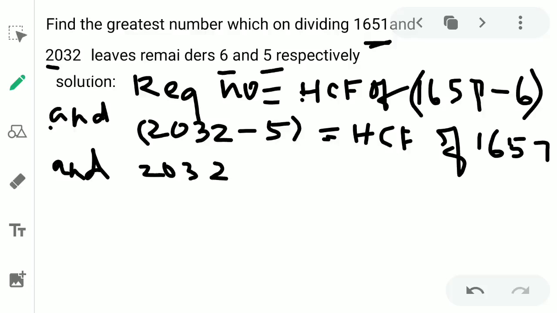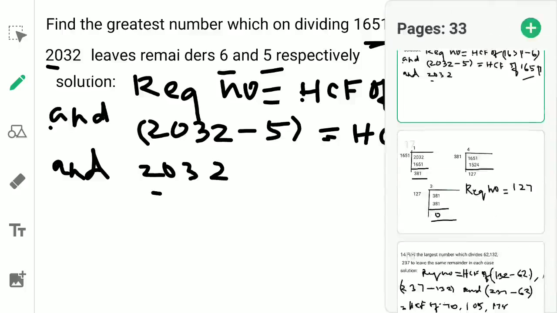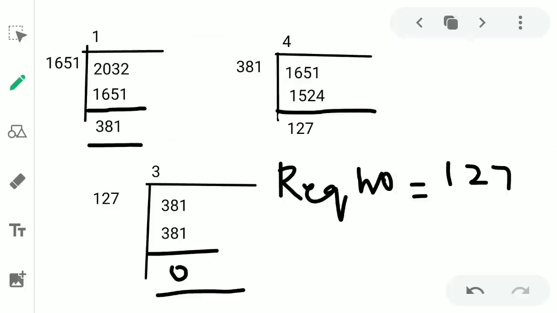So I'll get the answers like this. So it equals HCF of 1645 and 2027. Now HCF of these two is what we have to find out.